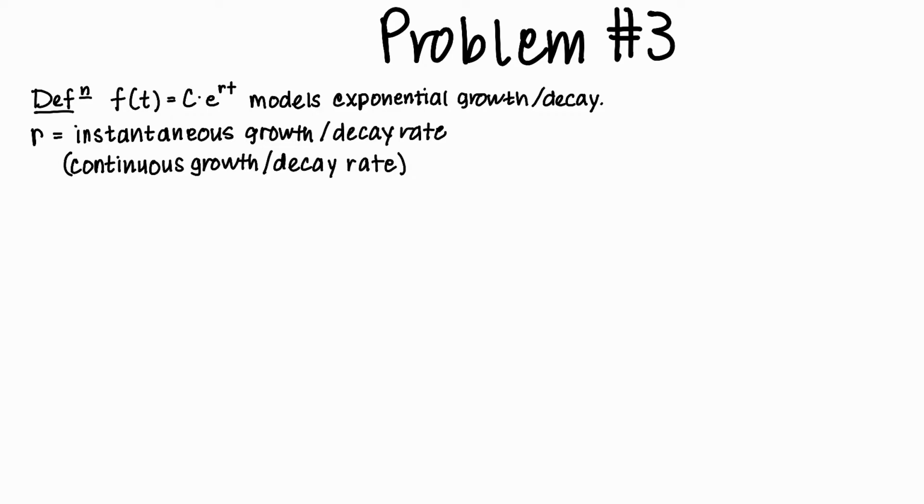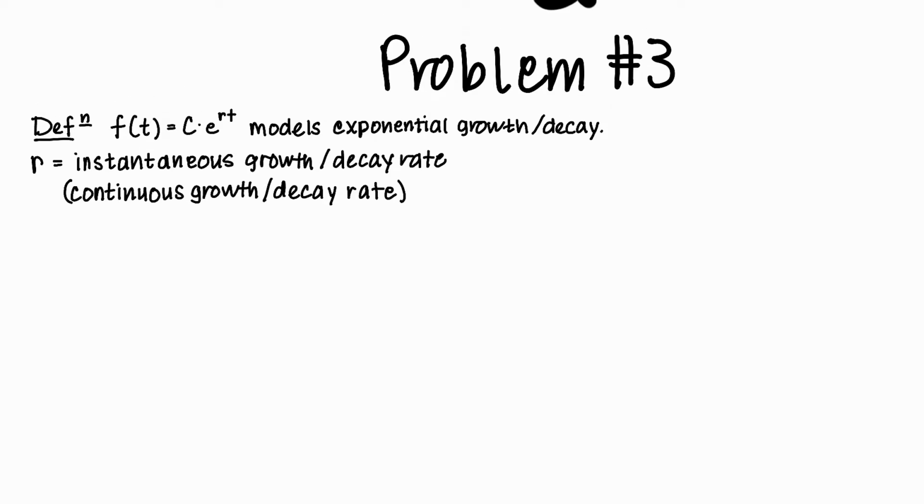If we remember the function that we used before, and we'll still use it, if we had f of t equals c times a to the t, and let's just assume this is an exponential growth function.